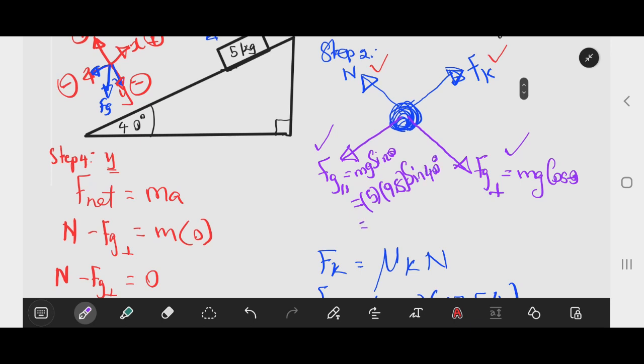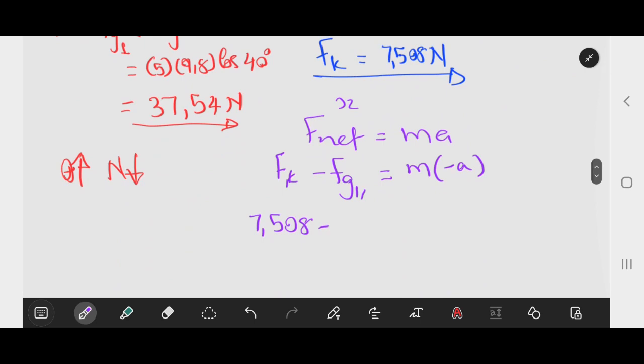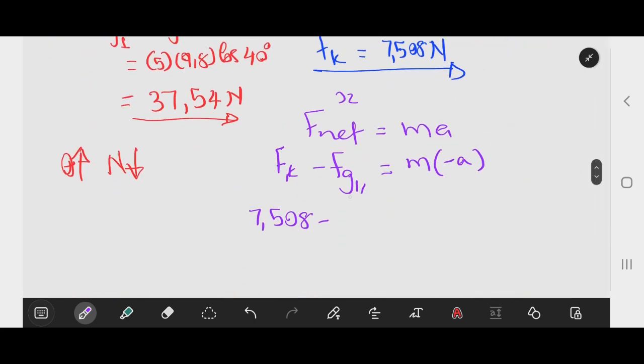That would give us 31.50. Okay, so it means Fg parallel is 31.50. That would be equal to the mass of the object, which is 5, multiplied by negative a, right?